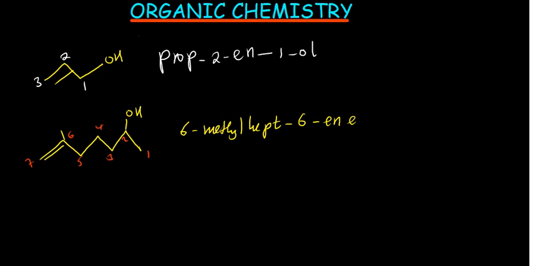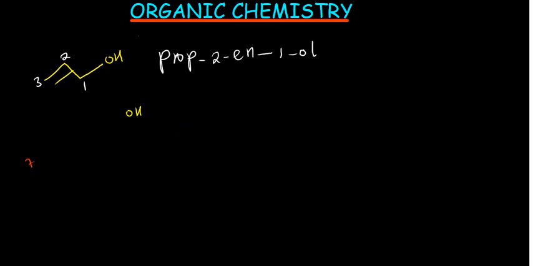Unless there were two, we would have kept it. So I'll drop that and then put the position of the hydroxide, yes, that is position number 2, and then put ol at the end. So that is going to be the name for this alcohol then: 6-methylhept-6-en-2-ol. Let's just consider others so that we make sure that we are so clear when it comes to naming alcohols.